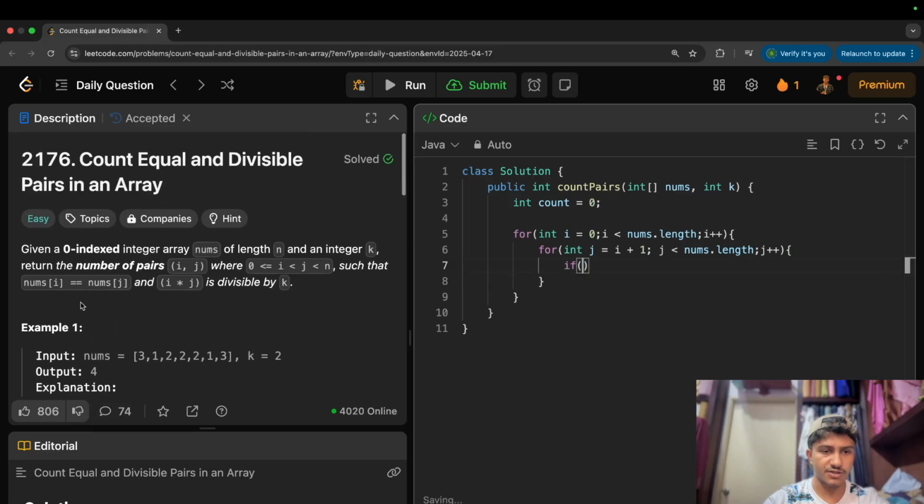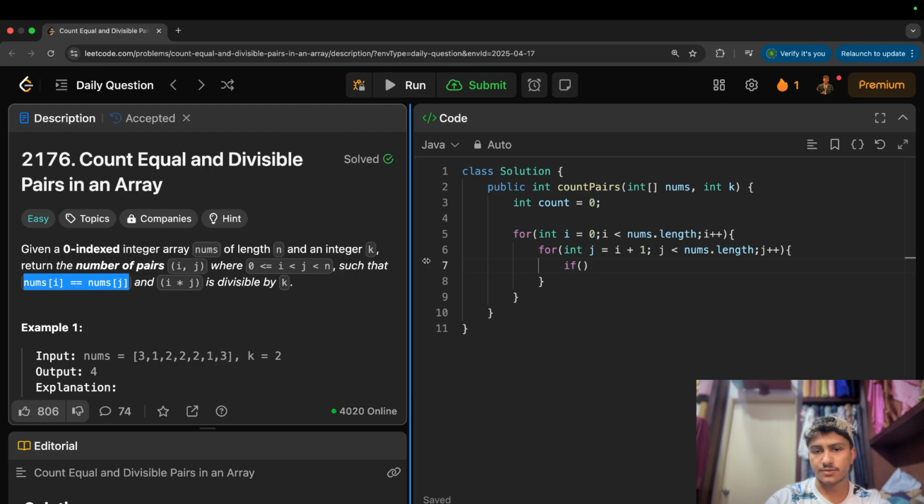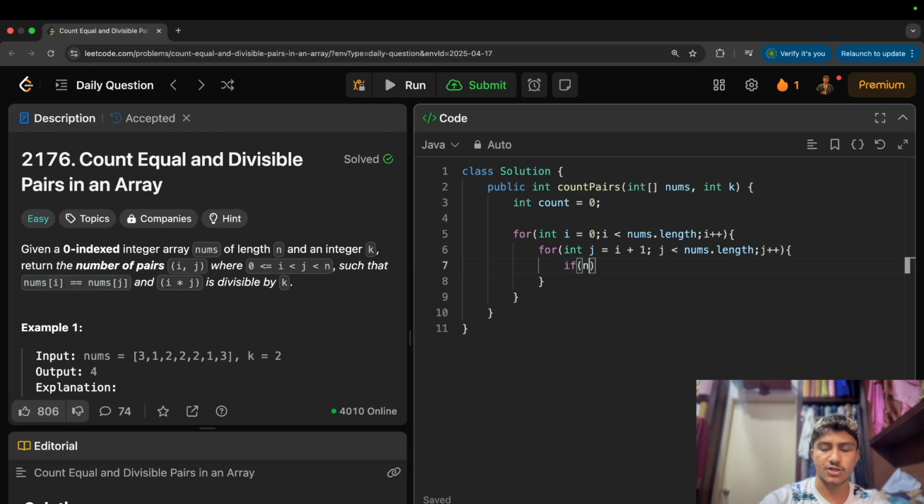We're gonna check the first condition: nums at i has to be equal to nums at j.